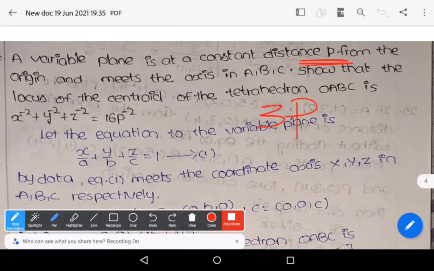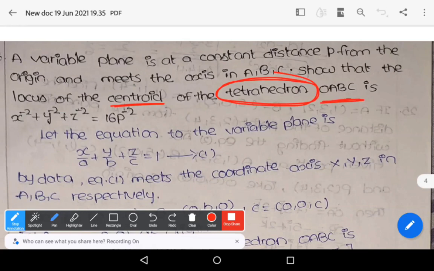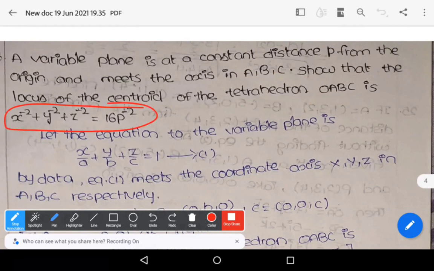A variable plane is at a constant distance p from the origin and meets the axes in A, B, C. Show that the locus of the centroid of tetrahedron OABC is x power minus 2 plus y power minus 2 plus z power minus 2 is equal to 16 p power minus 2, which is a similar problem to the previous problem. Please observe that.